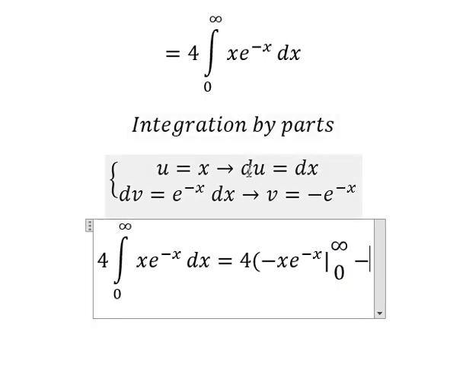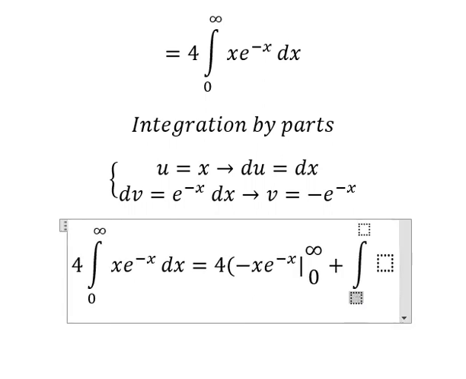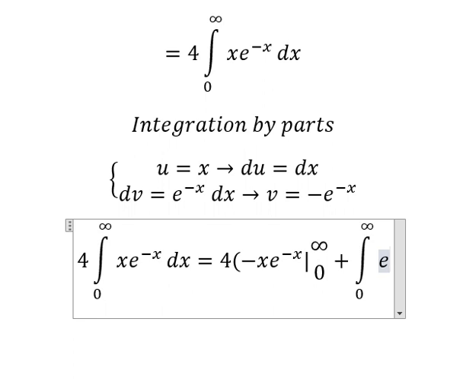Minus, we have u multiplied by v, negative and negative, we have positive. So we have the integration from 0 to positive infinity.